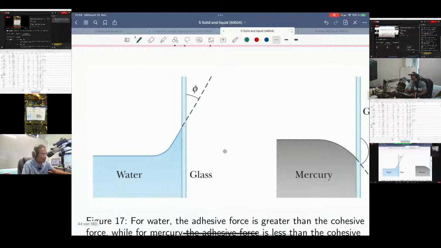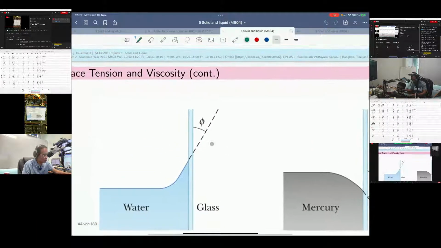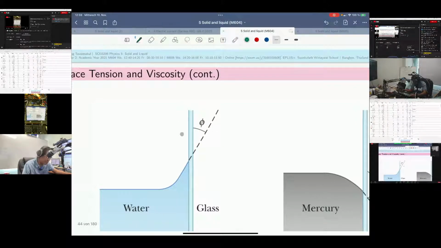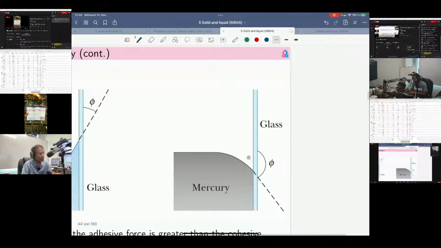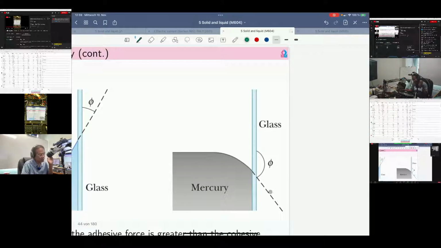Okay, and one more thing that is quite important is that the physicists have analyzed the angle of this almost straight line of the water with respect to the plane of the glass, the capillary tube, and for this one, the angle between the glass and the surface of the mercury, it's called angle phi.